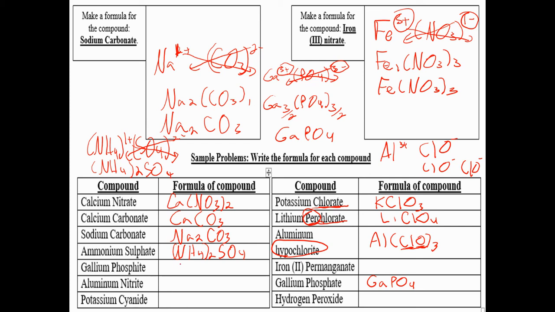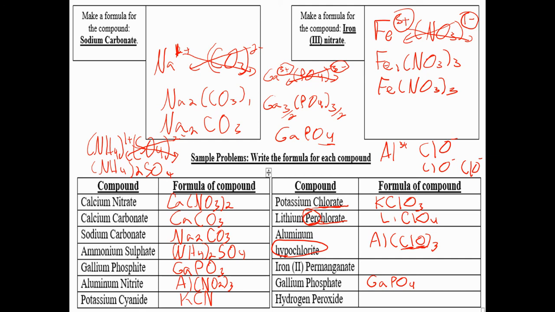Gallium phosphite would be very similar to gallium phosphate, except you'd have 1 less O, so PO3. Aluminum nitrite, Al(NO2)3. Potassium cyanide, KCN.